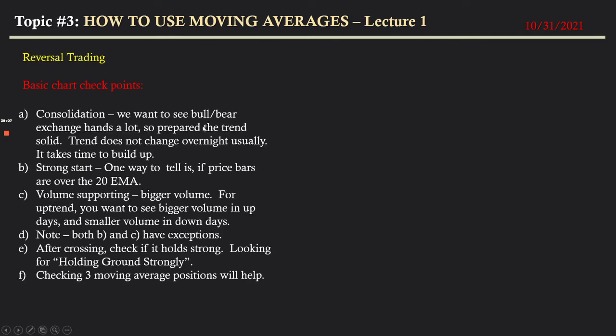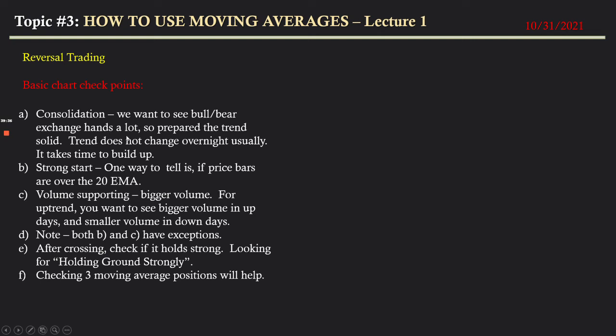Here we want to summarize a little bit. First thing, when we see this consolidation, we want to see big ones. We want the trend to have been prepared very well, the weak hands changed to strong hands, and see that the trend does not change overnight.